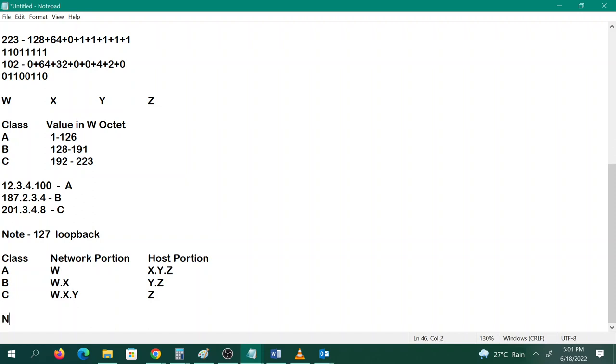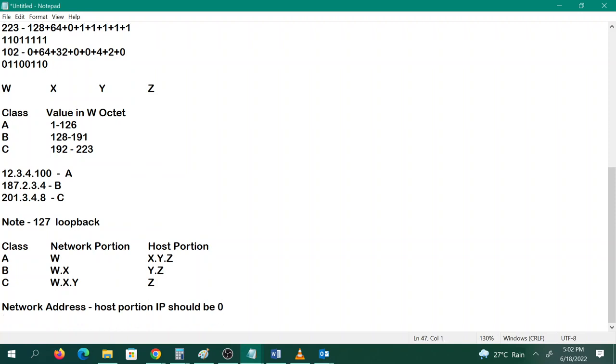For the network address, the host portion of the IP address should be 0, like off bits. Let's take one example, 10.3.4.5. First we have to identify that this IP comes under class A. Class A has the first octet as the network portion and all three other octets as the host portion.